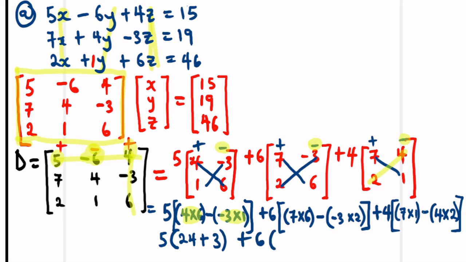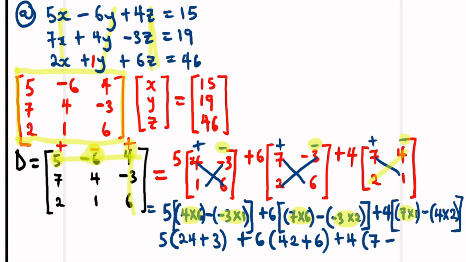We open: 7 times 6 gives us 42, then minus. The next one in the bracket is minus 3 times 2, which gives us minus 6, and with our minus here it becomes plus 6. Then we have plus 4 in a bracket, so 7 times 1 is 7.